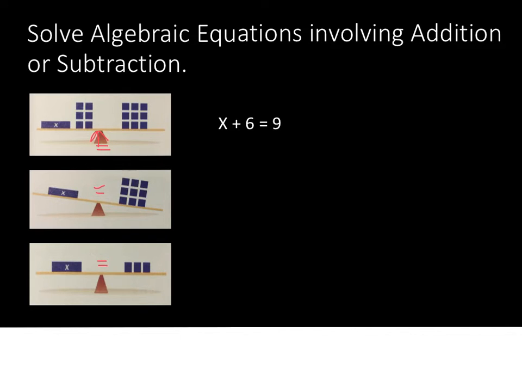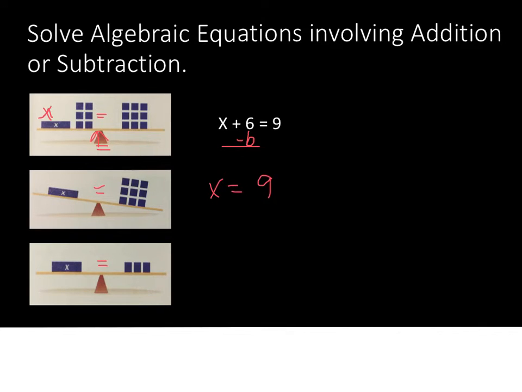So here I have x, and then I have 6 units, so that's x plus 6 is equal to, and then I have 9. So what I'm going to do is I'm going to subtract 6 and get x all by itself, so that way I can figure out what x is equal to.